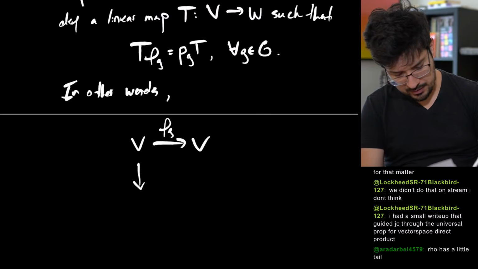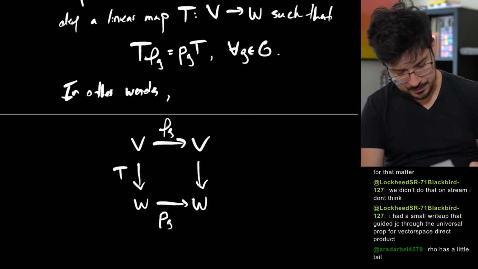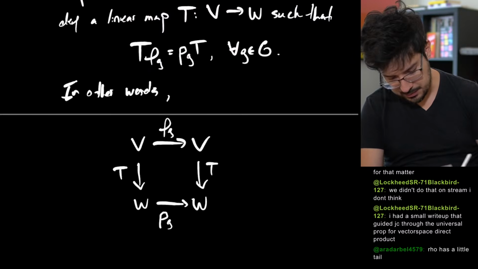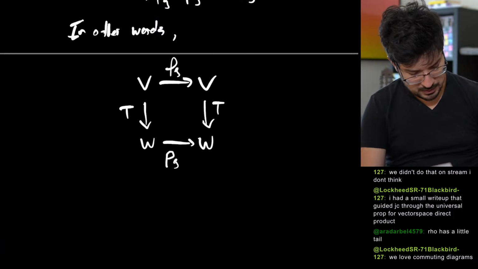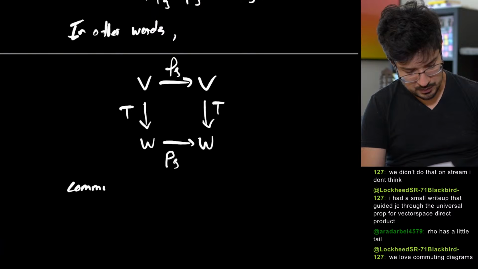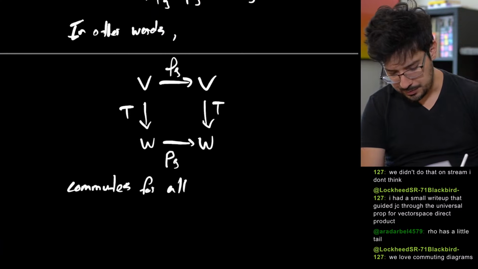So we have a map from V to W, W to W is rho, and V to W, again, is this map T. This diagram commutes for all group elements.